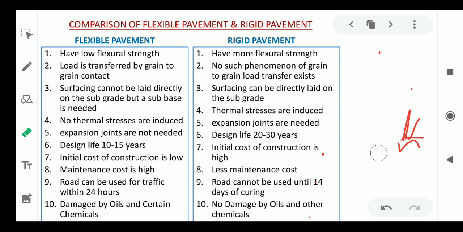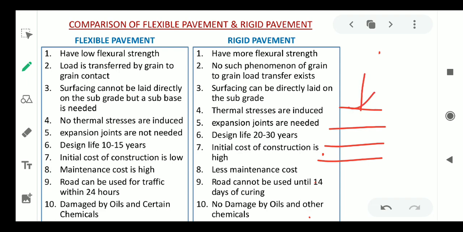Another one is surfacing cannot be laid directly on the subgrade, but a subbase is needed. But in case of the rigid pavement there is no subbase, because flexible pavement transfers the load grain to grain, so the thickness of this type of pavement needs to be more, to reduce the intensity before the final load is transferred to the subgrade.